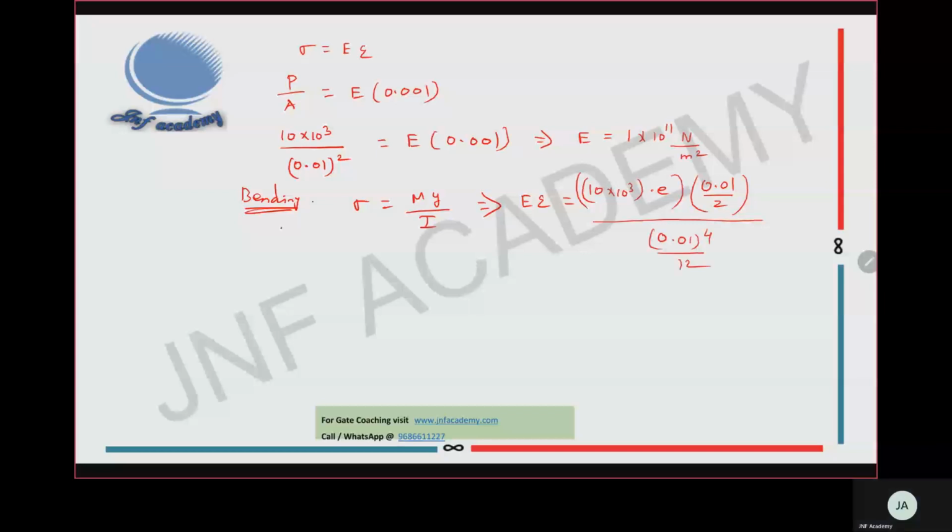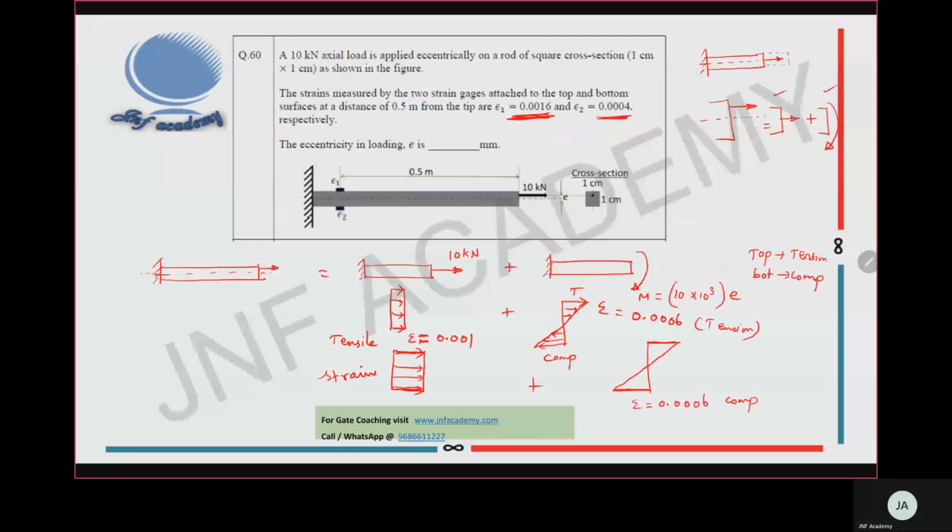Now we have all the values. Young's modulus value is 1 into 10 power 11. Then the strain value is 0.0006, at top and bottom.